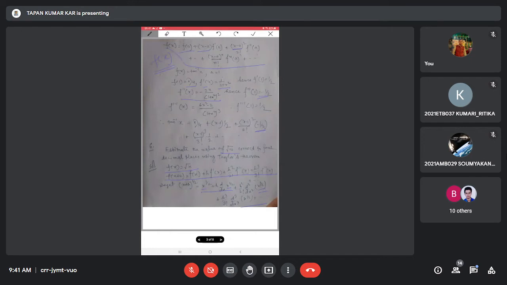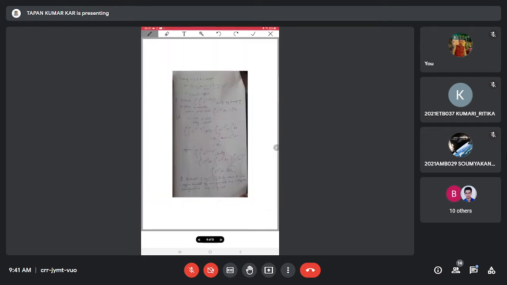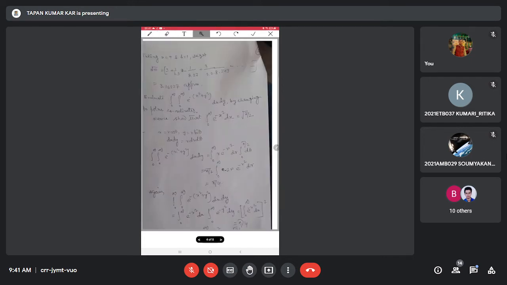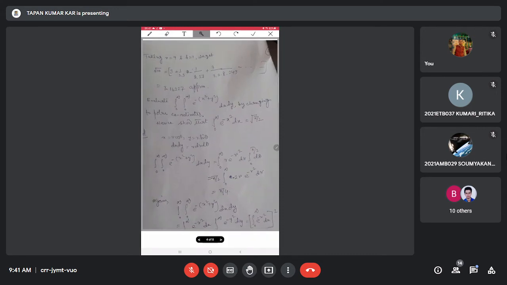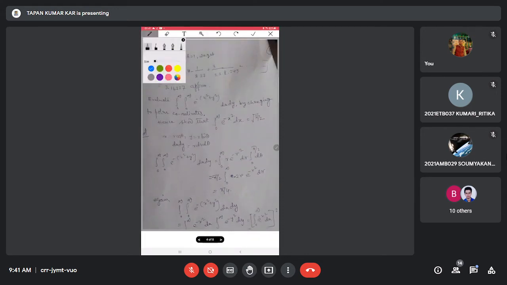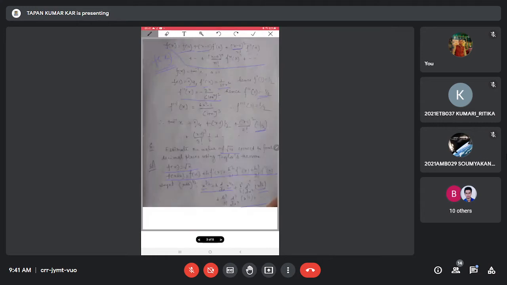So if you take 9 and 1, if you take x equal to 9, h equal to 1, then the left hand side is equal to root 10, and on the right hand side you have to substitute every value.